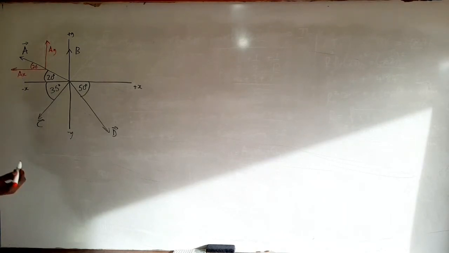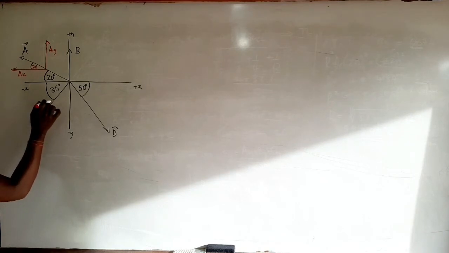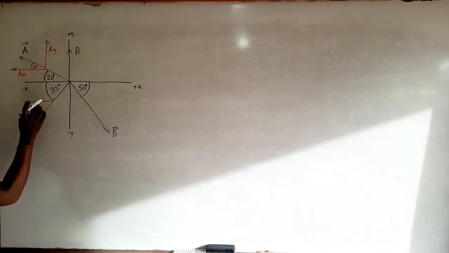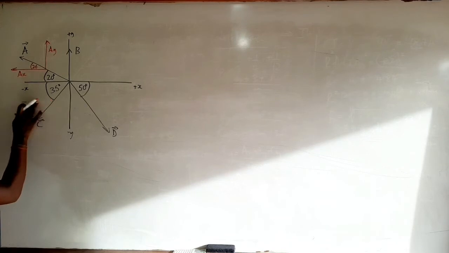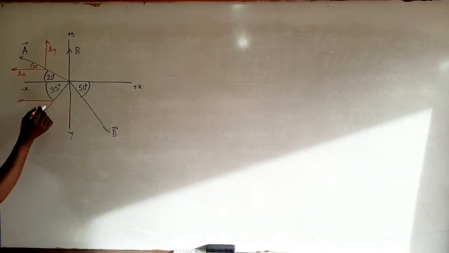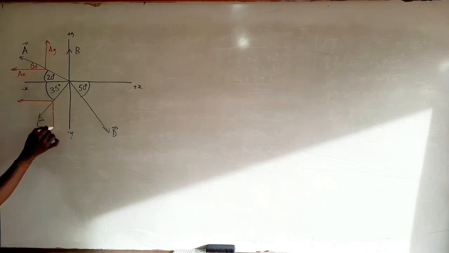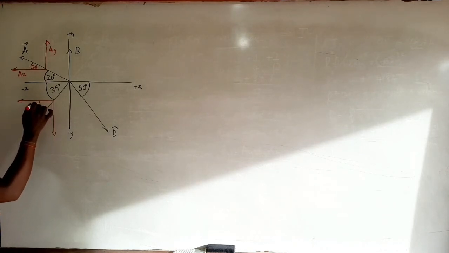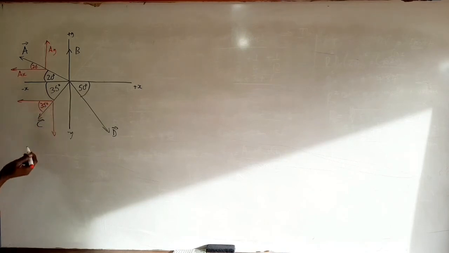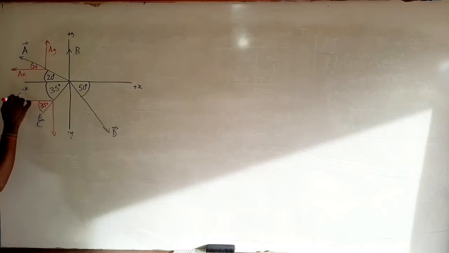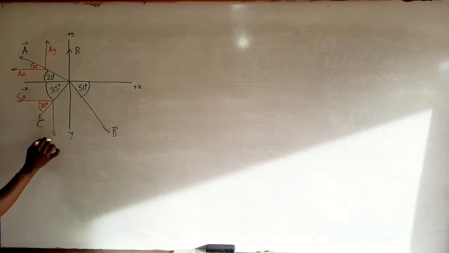So we'll call this component AY and this component AX. Vector C, we'll resolve that as well into its components. It will have an x component in this direction, trying to draw the line as horizontal as possible, and it will also have a vertical component in the negative y direction. And this angle, of course, is 35 degrees. So the x component we call CX, and this one CY.